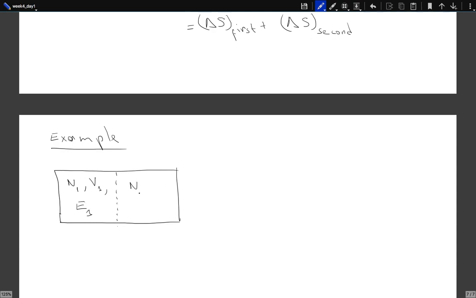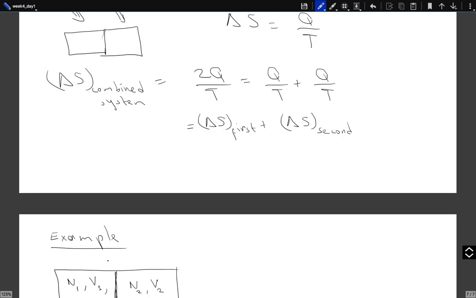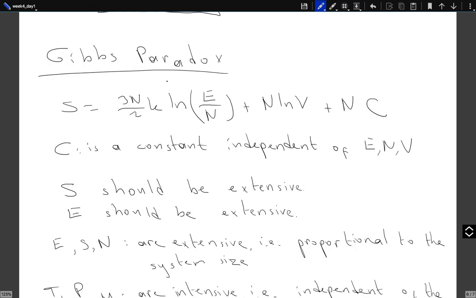On the right-hand side, I have N2 particles in a volume V2, energy E2. And they are separated at first. Well, the total entropy of the system will be, let me just copy this expression.